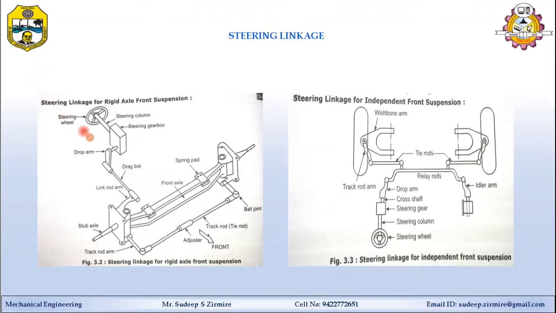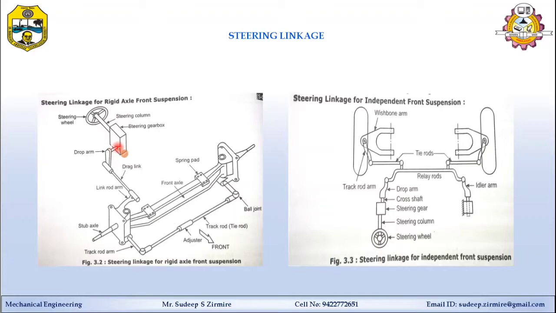First point is the steering wheel. The steering wheel is connected to the steering column, and the end of the steering column is connected to the steering gear box. Here are the different types of gears used in the steering gear box. This point we will also learn in a different topic, steering gear.